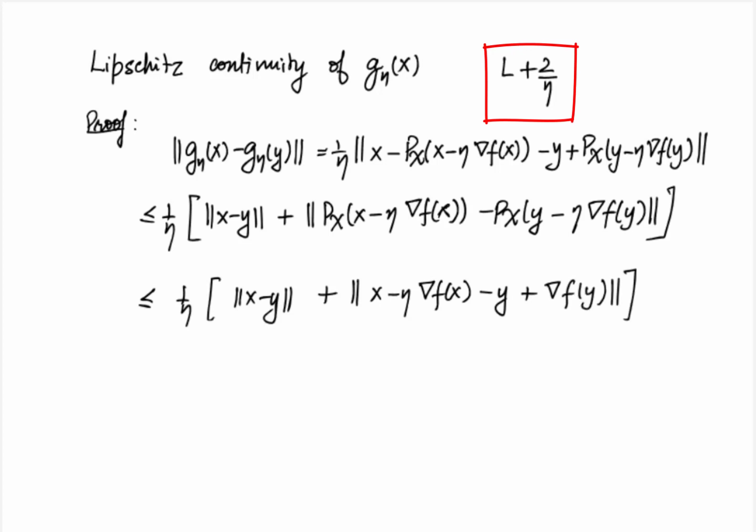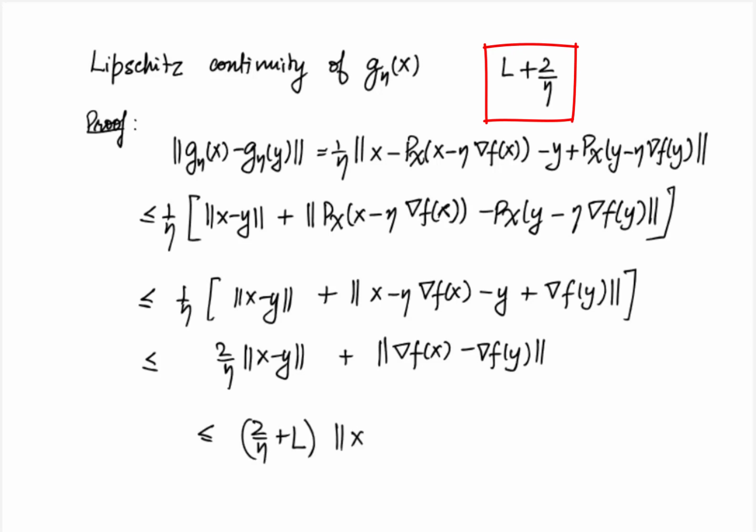Now again use the triangle inequality to separate out the x minus y term. So we get the right hand side as less than or equal to 2 by eta norm of x minus y plus norm of gradient f of x minus gradient f of y. Now finally, from the Lipschitz continuity of the gradient f of x, we have that the second term is bounded by L times norm of x minus y. Therefore the whole thing is bounded by 2 by eta plus L times norm of x minus y.